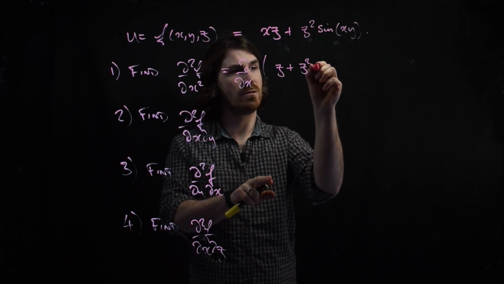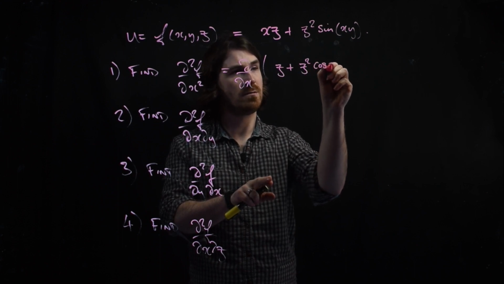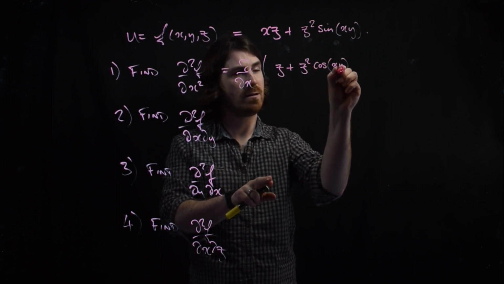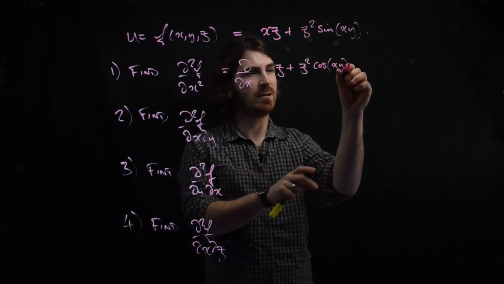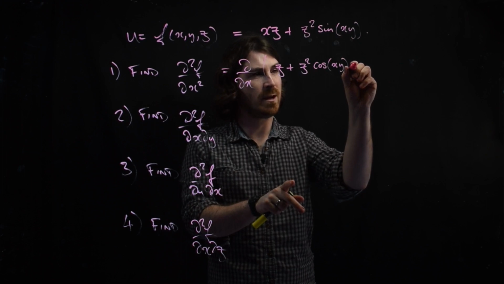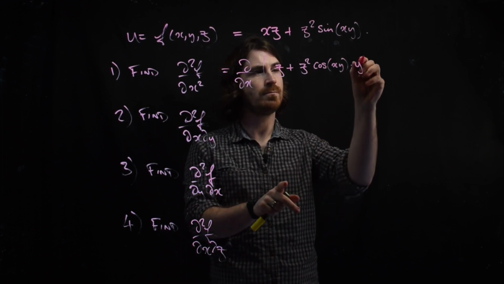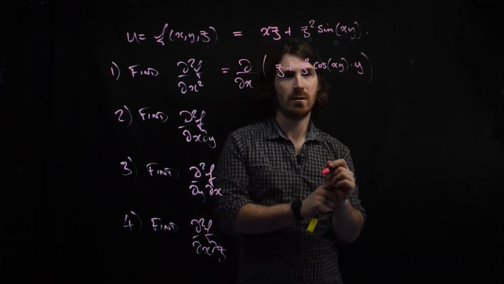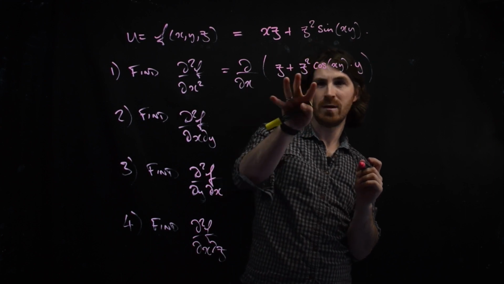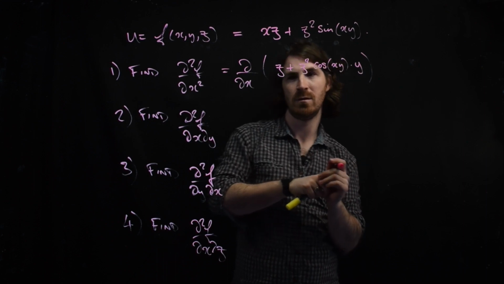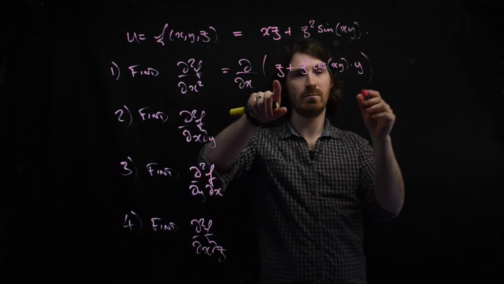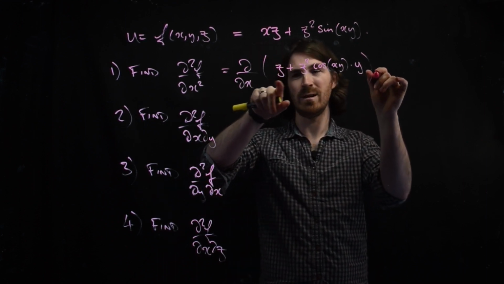So this is just cosine xy. We then need to differentiate the inside of the bracket, so we get it times y. Now we're going to differentiate this thing with respect to x holding z and y constant. The first term, dz by dx, is 0.